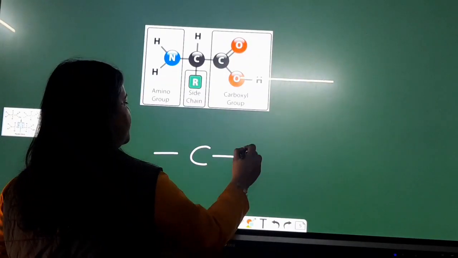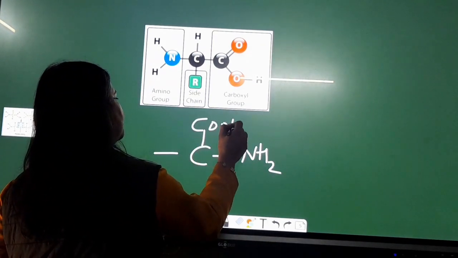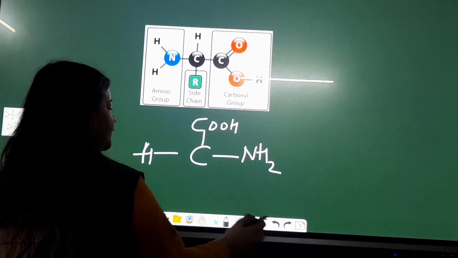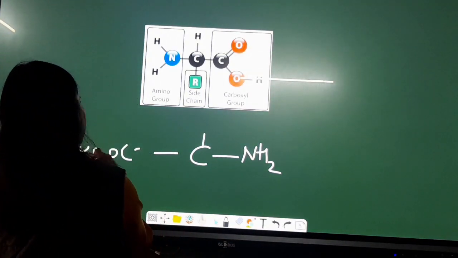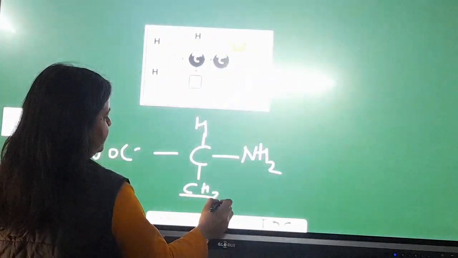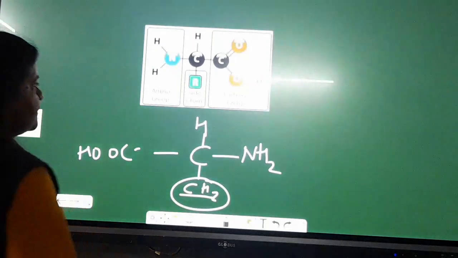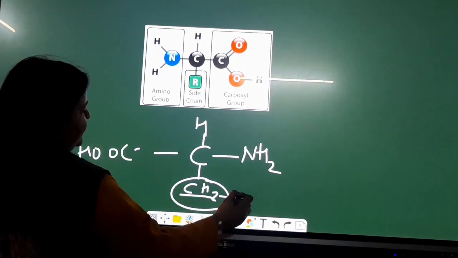A carbon atom has an amino group on one side and a carboxyl group on the other, one hydrogen, and on another side a side chain. You can see here R representing the side chain.